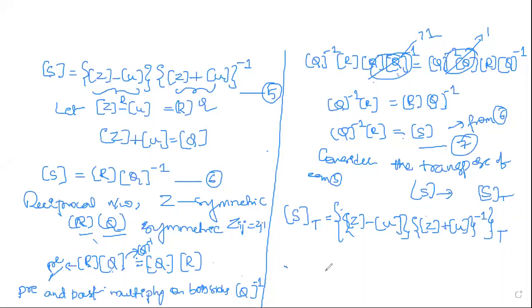Now, what does the transpose relation mean? If you have AB transpose, this is an example. This AB transpose can be written as B transpose into A transpose. This is the property of the transpose relation. If you have both matrices under a transpose, you can split it and write it individually as B transpose into A transpose. So the same property you have to now apply for this equation.